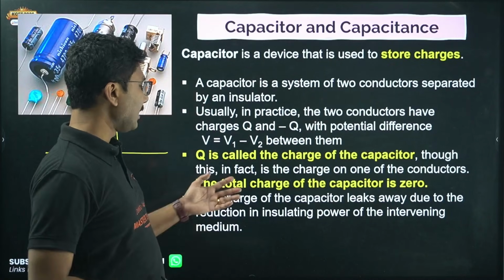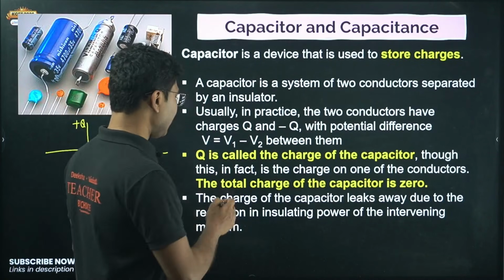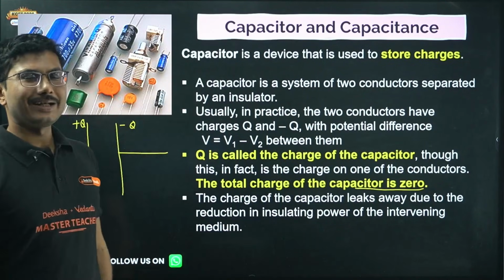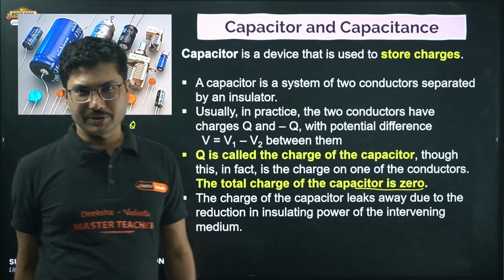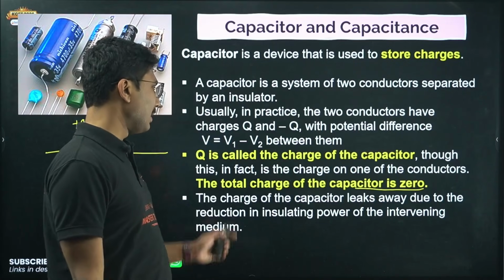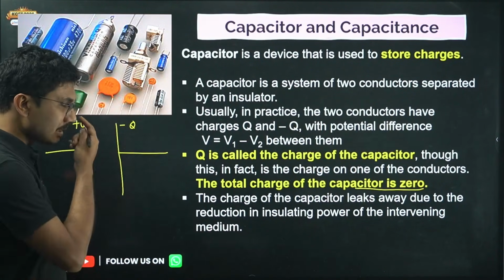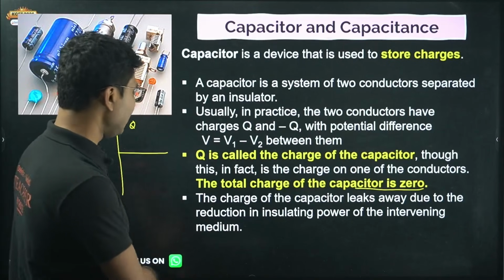This is an important statement that the total charge of a capacitor is 0, because based on this you might get an MCQ question. That's why you have to remember that the charge of the capacitor leaks away due to the reduction in the insulating power of the intervening medium.